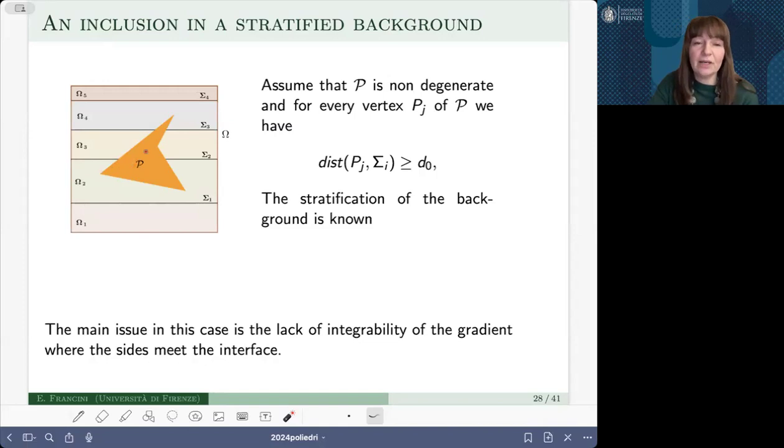So if we move this polygonal inclusion in some direction, we are not able to write the derivative of the Dirichlet-to-Neumann map in a form which is an integral on the boundary of this domain.